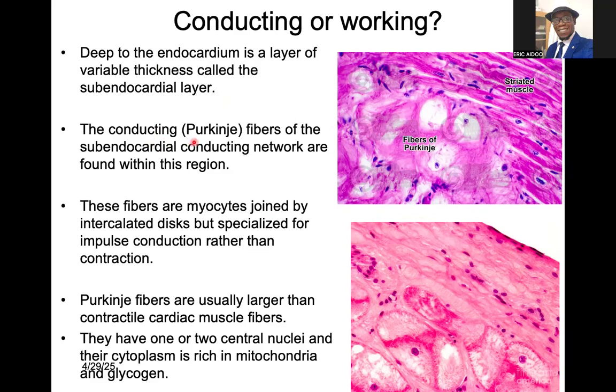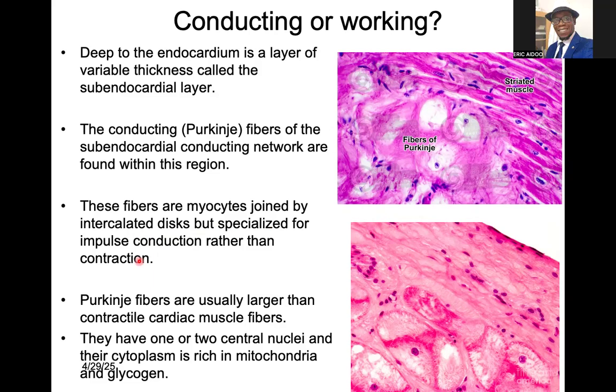The conducting or Purkinje fibers of the subendocardial conducting network are found within that region. These fibers are myocytes joined by intercalated discs, as we know the ordinary ones are joined by intercalated discs, right? However, these are specialized for impulse conduction rather than just contraction.